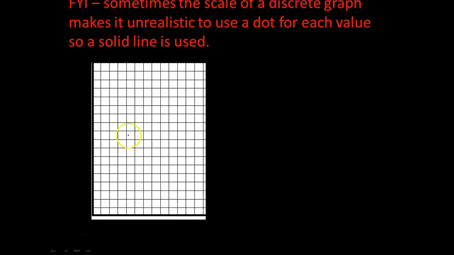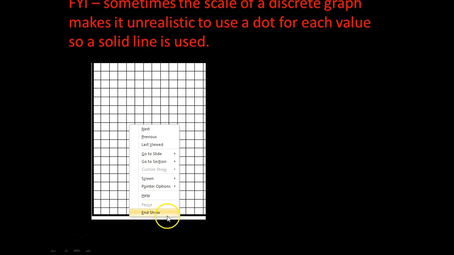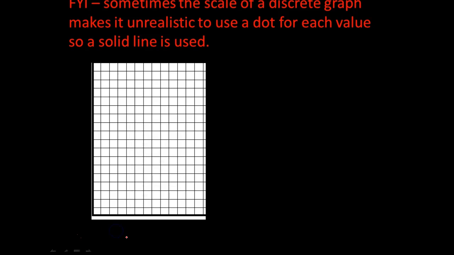When you look at a discrete graph, there are times when you may connect them even though it is discrete. An example could be if my x was the number of CDs and the y would be the cost to produce those CDs.